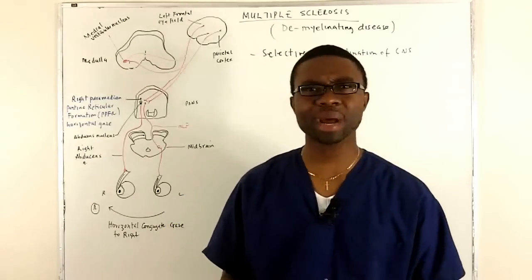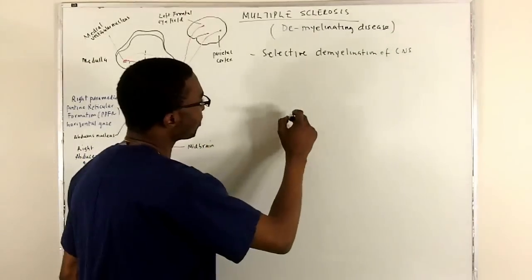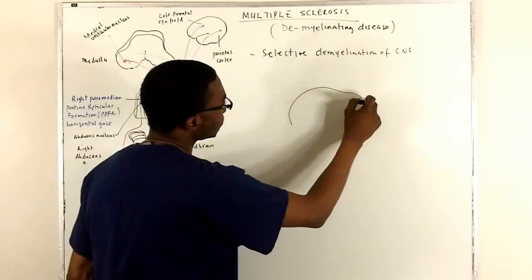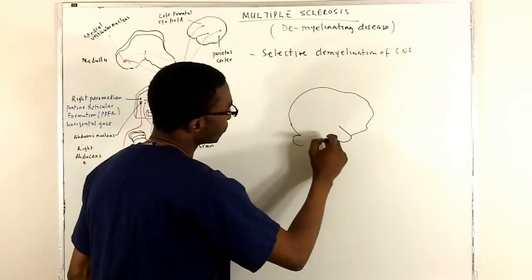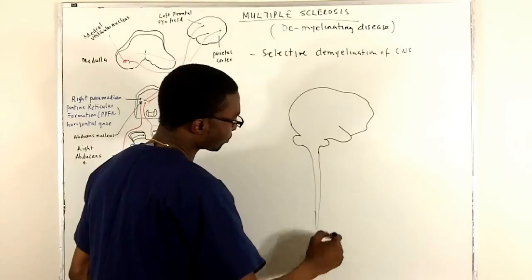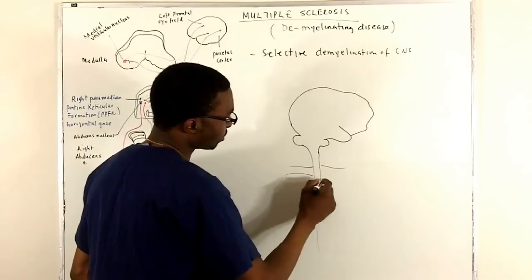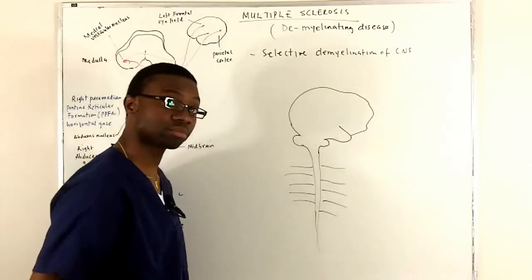Wait a minute, where did white matter come from? Let's review some basic neurology concepts. So in the brain, this is the brain and the spinal cord, remember? And we've got the peripheral nerves coming out.